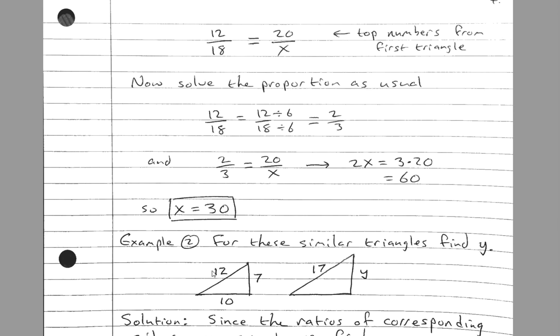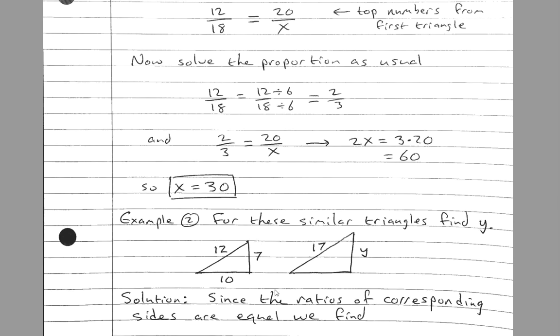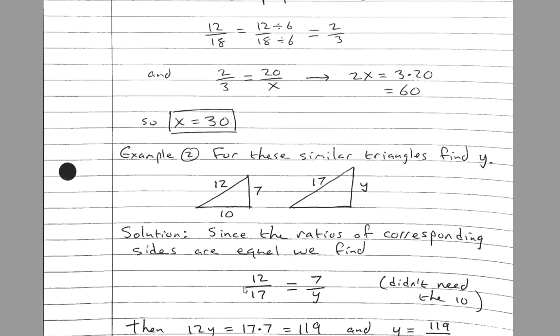All right, so let's take a look. Okay, so we can see what corresponds to what. So this side of length 12 corresponds to this side of length 17. Okay, so we get the ratio of 12 over 17. First triangle over the second triangle.